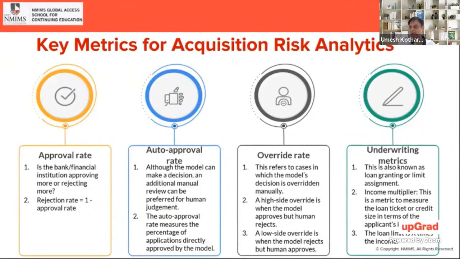Low side override is when the model rejects and the human approves, the other way around. Underwriting metric is basically if you asked for $100 and we only gave you 90, that's a 10% underwriting with regard to the applicant's request.